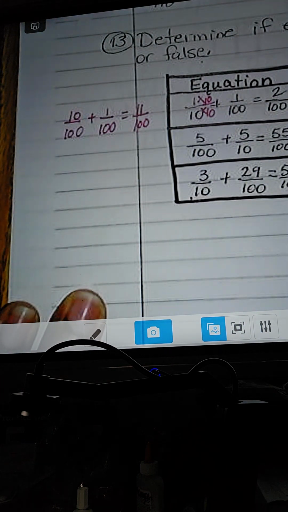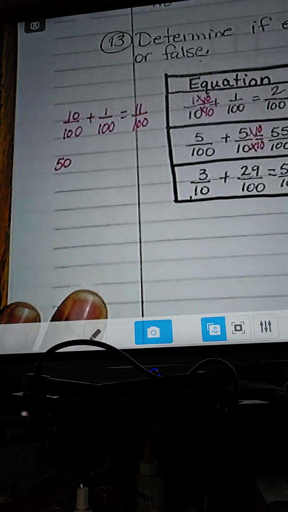All right, the next one, 5/10 plus 5/100. What do I need to do? Multiply 5/10 times 10 over 10. 5/10 times 10 over 10 gives me what? 50 hundredths plus 5 hundredths equals 55/100.